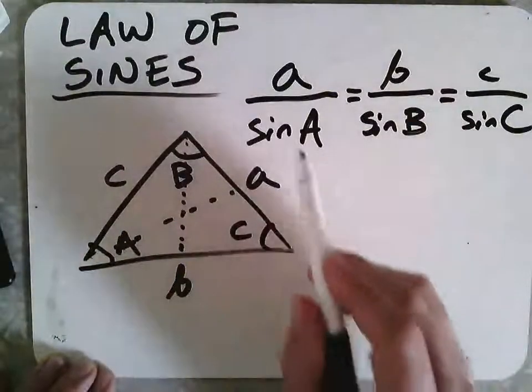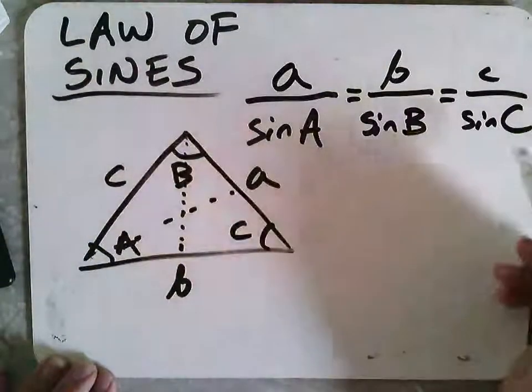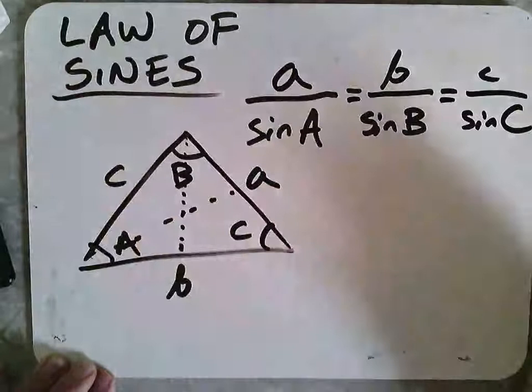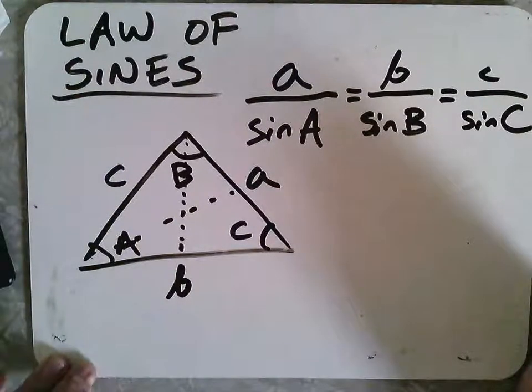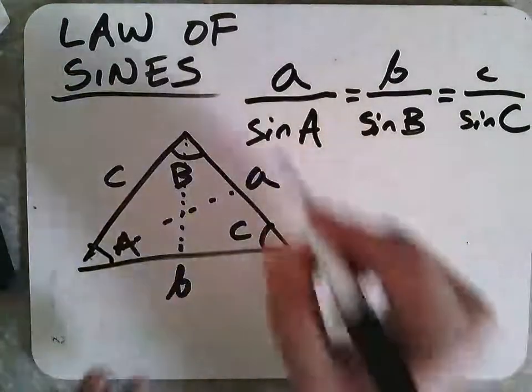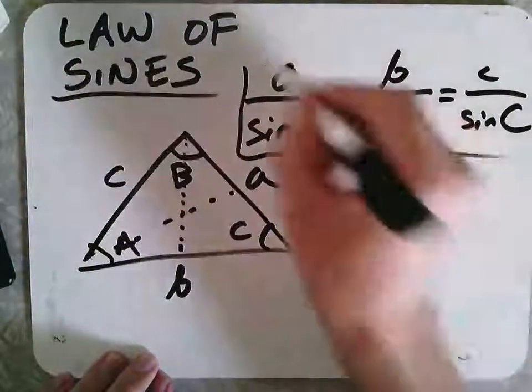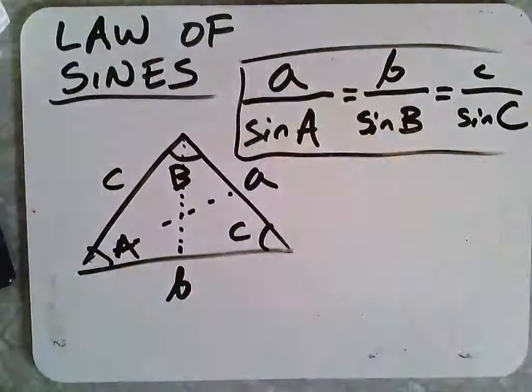So this relationship between the sides and the sines of the angles is true for any triangle out there whatsoever. And it's pretty useful. All right, so remember this, and we'll go do a couple of examples here.